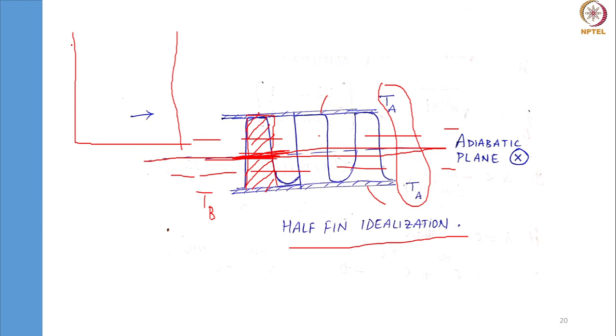Say suppose this is TA and this is TB. These are the plate temperatures, and assume that I have a temperature T naught, which is my fluid temperature.